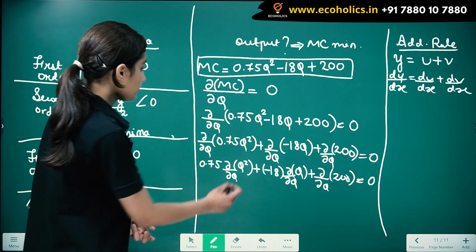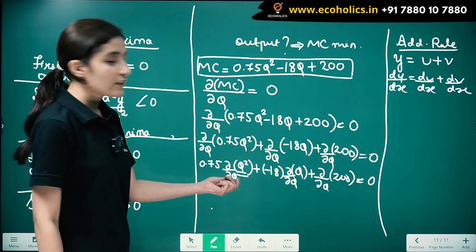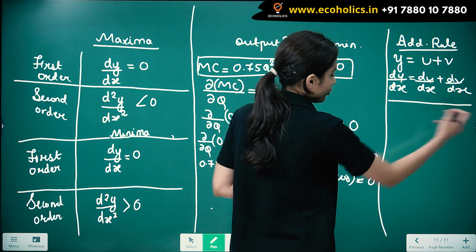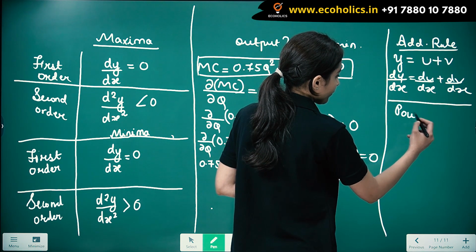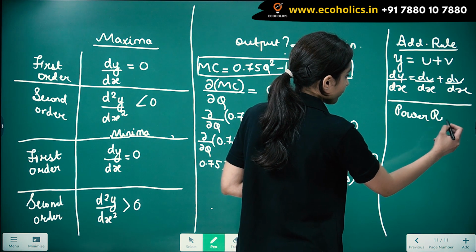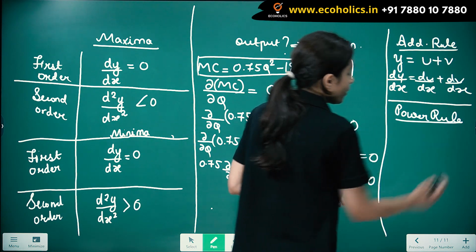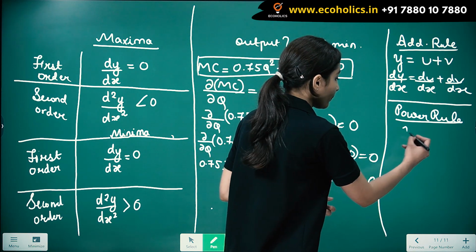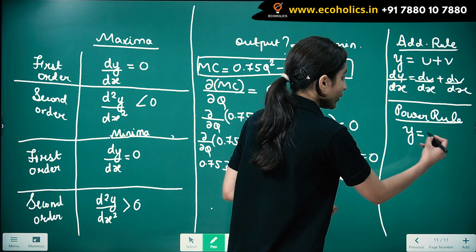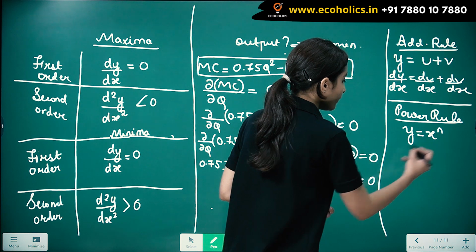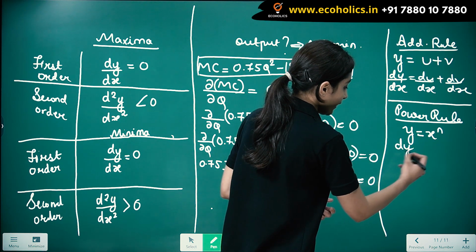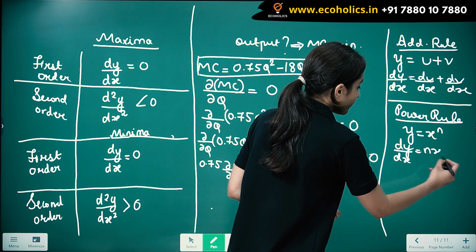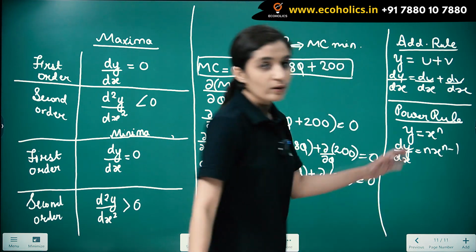Now for the differentiation of Q square, we are going to use our power function rule. The power function rule of differentiation states that when y is equal to x raised to n, dy by dx is equal to n x raised to n minus 1.